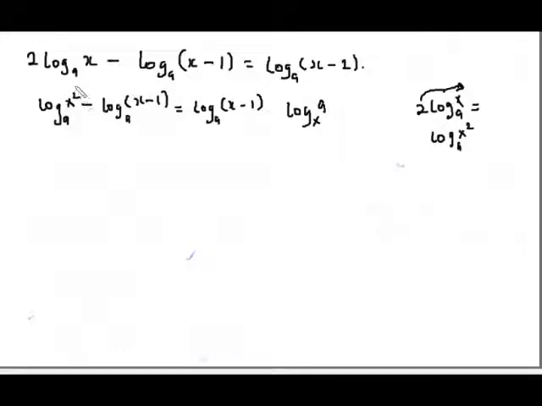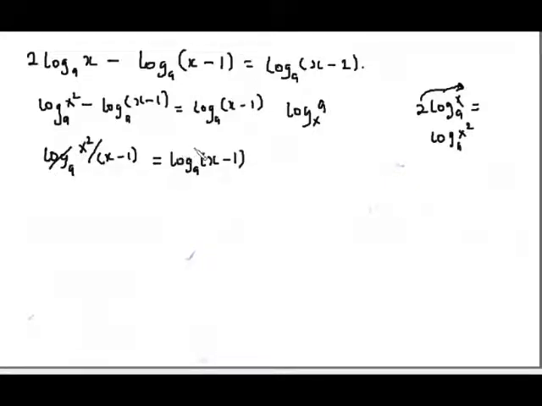So what this means in the laws of logarithm is that you have log a of x squared divided by x minus 1, which is ultimately equal to log a of x minus 1. So we could cancel out the like terms here. Log a is here, log a is here.